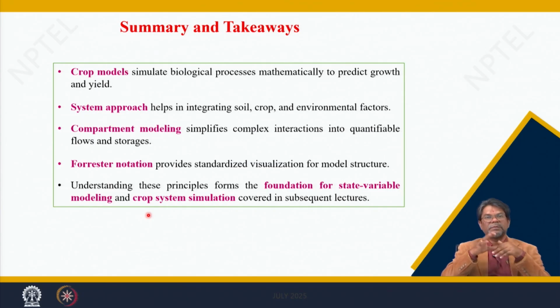So, they are explained by these representations in these models. Then the Forrester notation provides the standardized visuals for the model structures. Understanding these principles forms the foundation of the state variable modeling and crop system simulation that we will discuss in the different lectures.